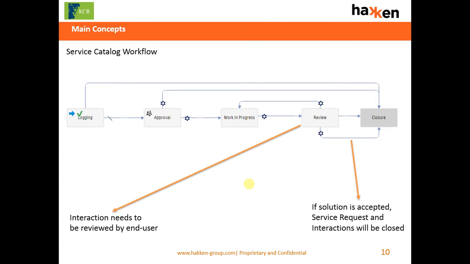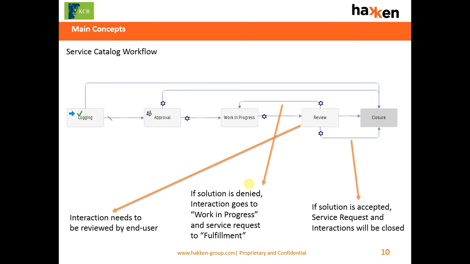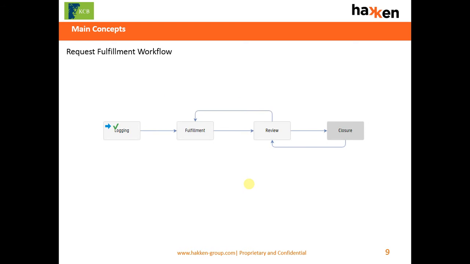If he accepts the solution, then the service request and the interaction will be closed. If he denies the solution, then the interaction goes to the work in progress phase, and the service request will move to the fulfillment phase.